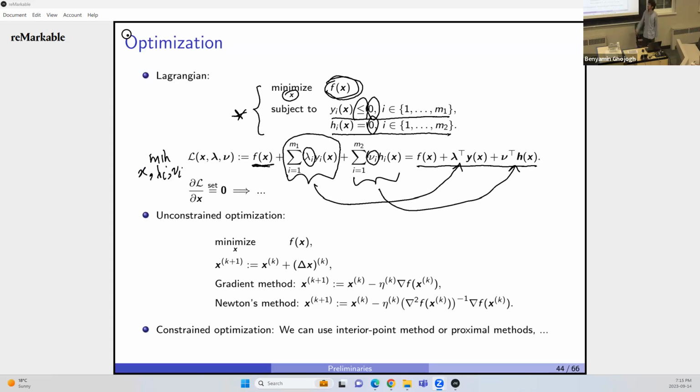Then what happens? This is an unconstrained optimization problem. How should we solve it? What? Derivatives, high school optimization. Take derivatives, set it to 0 with respect to each of the optimization variables, which are x, lambda i's, and nu i's. Set them to 0. This is the method of Lagrange multipliers.